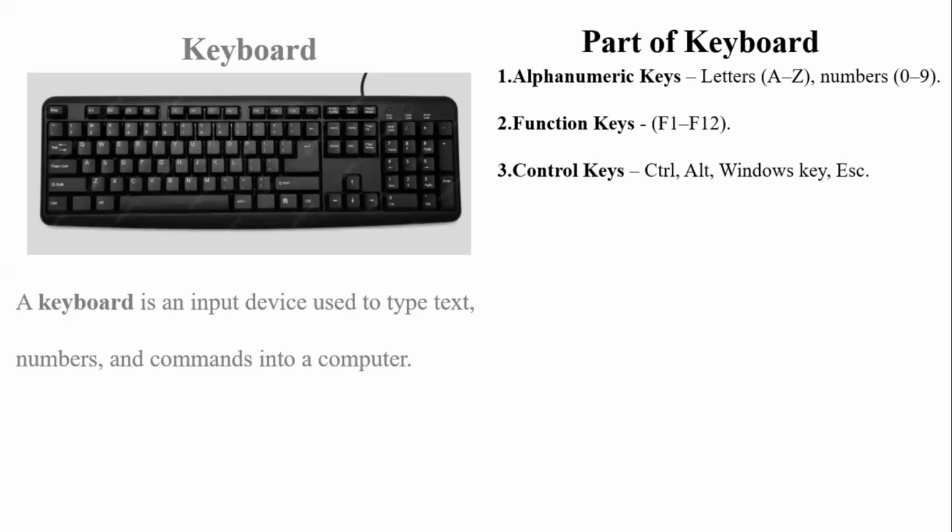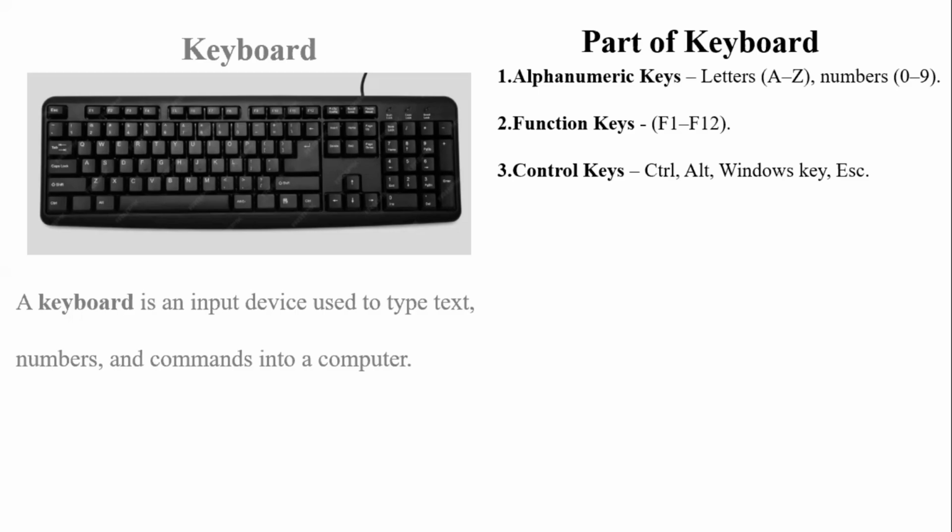For control keys, we have Control in your system. You see Ctrl on the left and the right of your keyboard, there are two. We also have Alt. You see Alt at the left and also the right on some computers, because the keyboard arrangement differs from computer to computer.